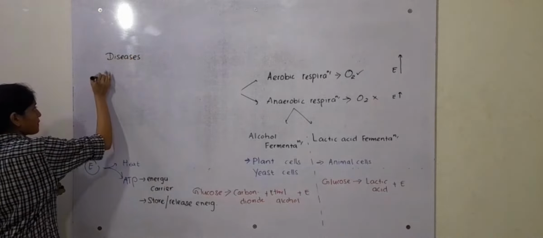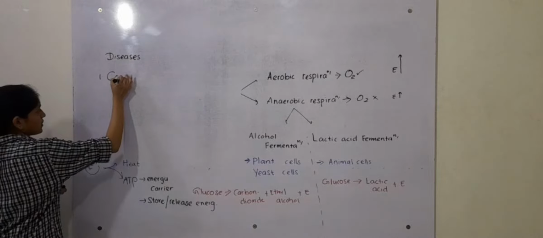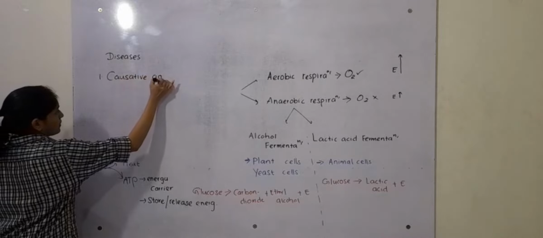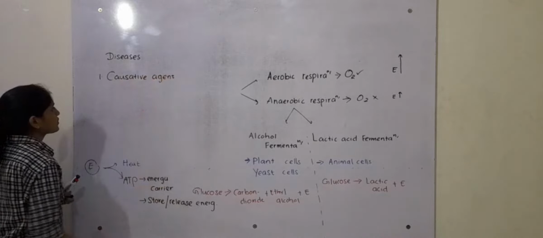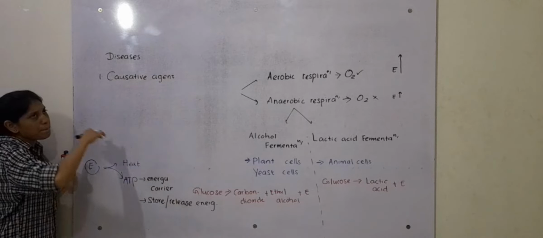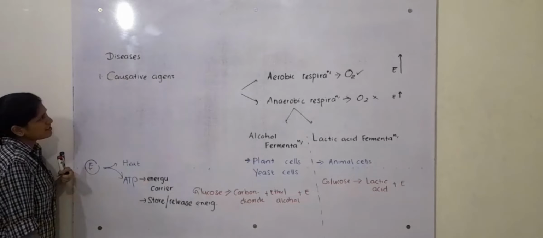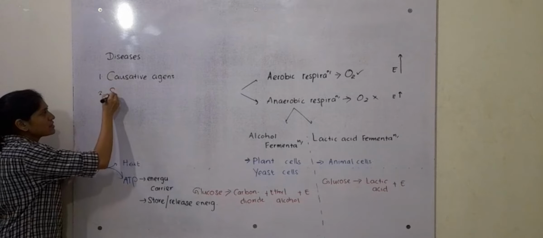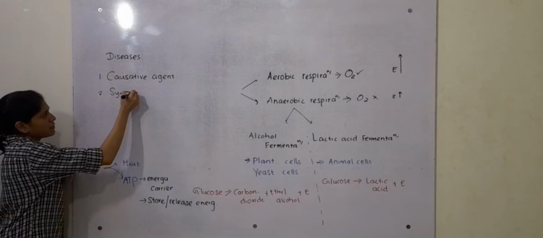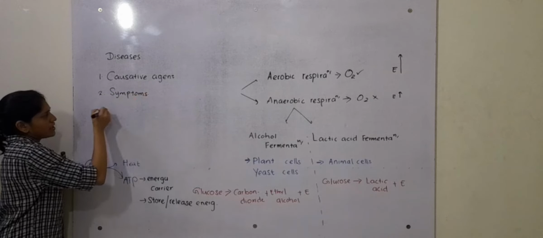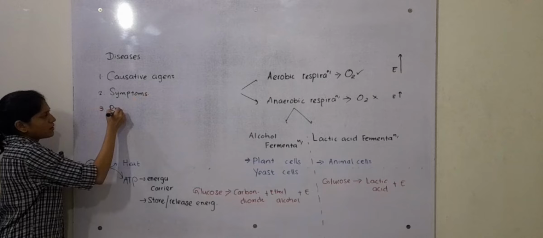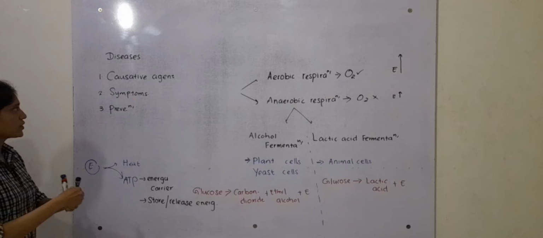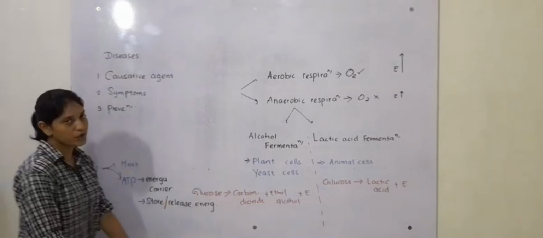The first one is the cause. If you can give a description about the disease also, it's okay, but you don't need that. You need to know the cause, then the symptoms, and then prevention. So fill this table so that you can get an idea about the diseases related to your respiratory tract.